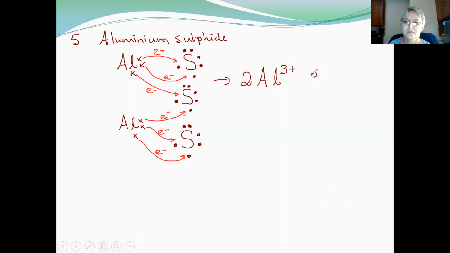And we have 3 sulfur atoms that received 2 electrons each from the metal, and that gave the sulfur atoms a two negative charge. So the formula for aluminium sulfide is Al2S3, aluminium sulfide.